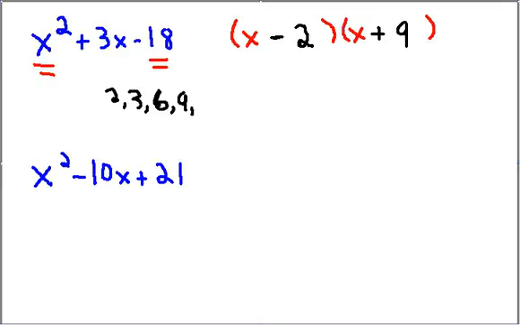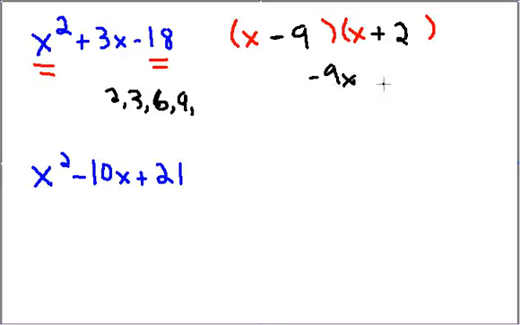However, what if we were to try minus 9 and plus 2? Just reverse these two around. Minus 9 and plus 2. Once again, our x squared will match. Our minus 9 times a positive 2, minus 18, will match. It's our middle that we're concerned about. Our middle term, minus 9 times x is minus 9x.